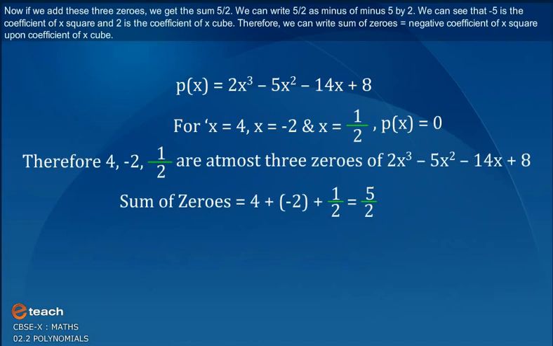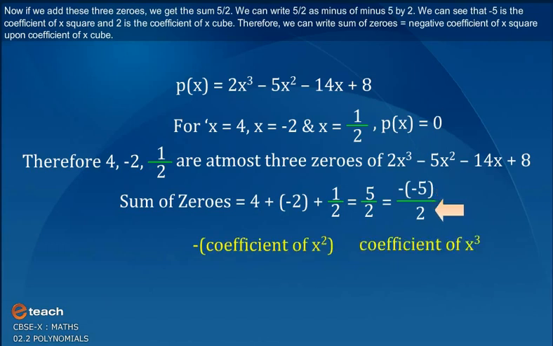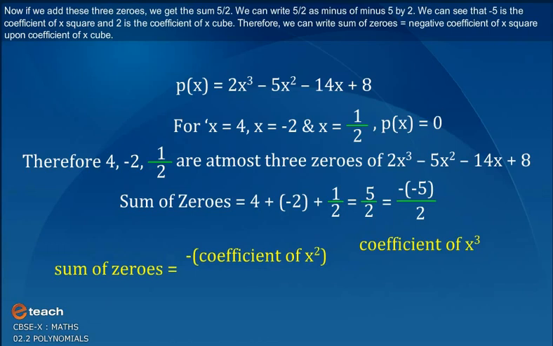Now if we add these three zeros, we get the sum 5 by 2. We can write 5 by 2 as minus of minus 5 by 2. We can see that minus 5 is the coefficient of x square and 2 is the coefficient of x cube. Therefore, we can write sum of zeros is equal to negative coefficient of x square upon coefficient of x cube.